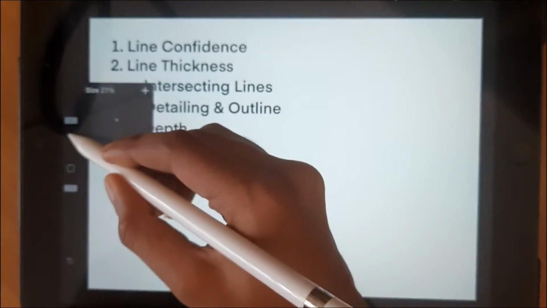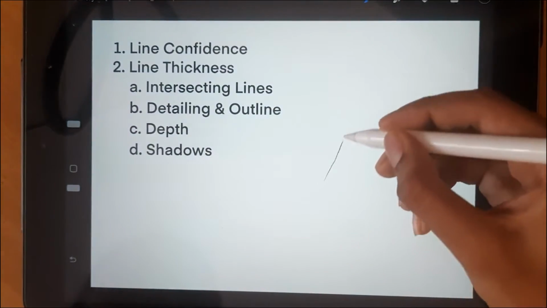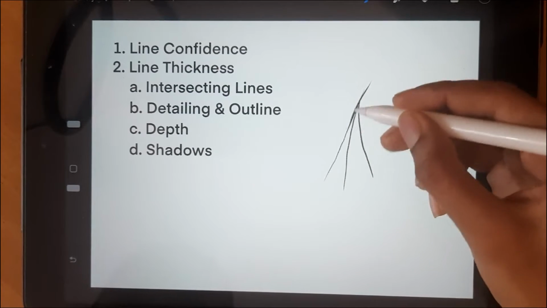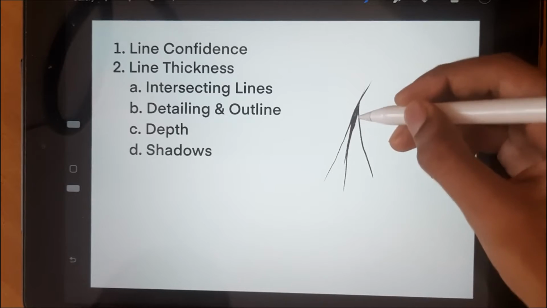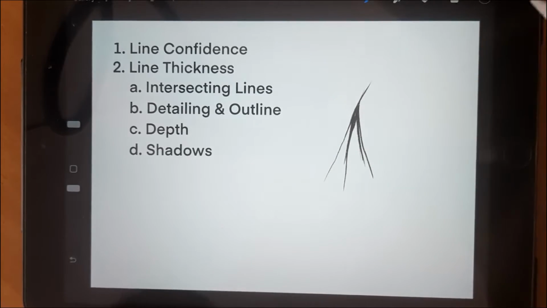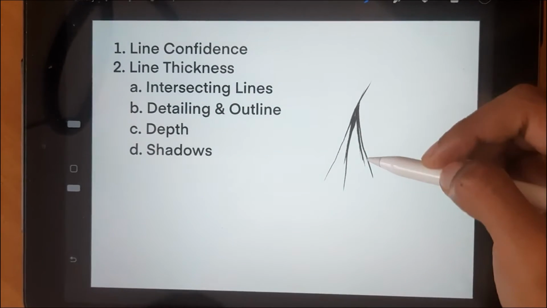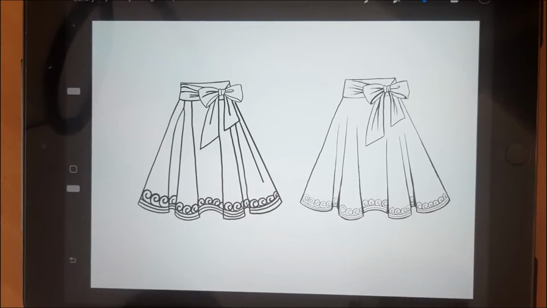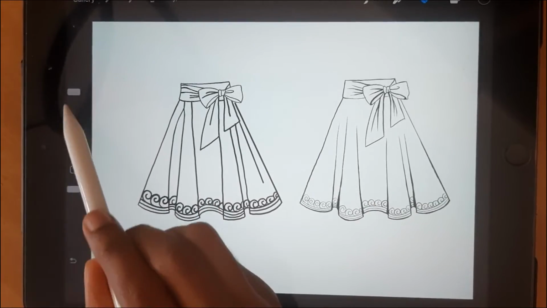First point is intersecting lines. Wherever there is intersecting lines, that is where two or more lines intersect, it creates a shadow, and therefore we should give thicker lines at the joining, and then it can gradually move on to thinner lines. For example, here you can see two drawings of a skirt.